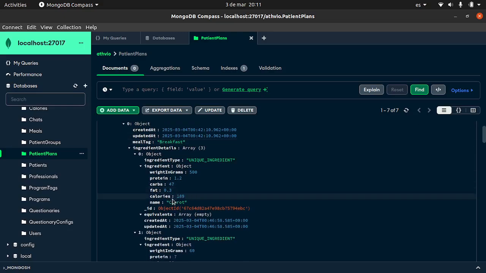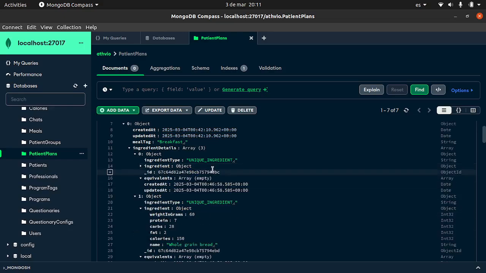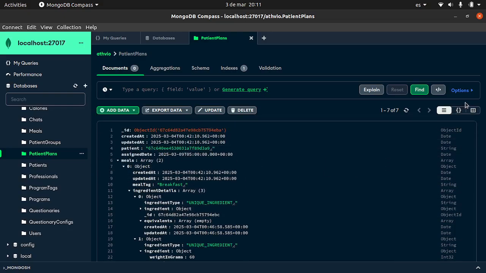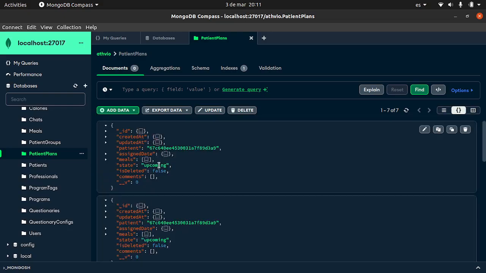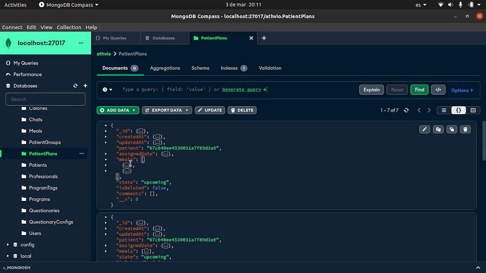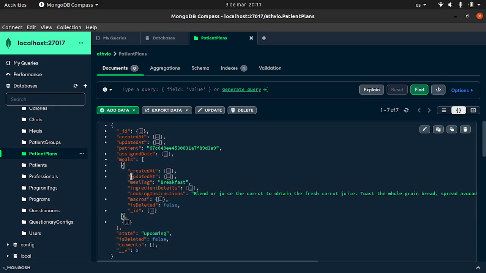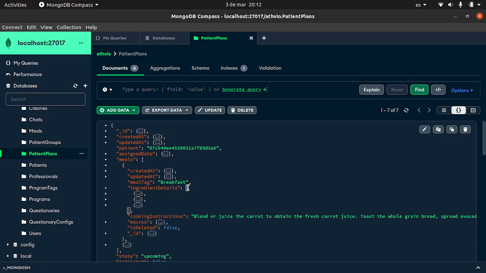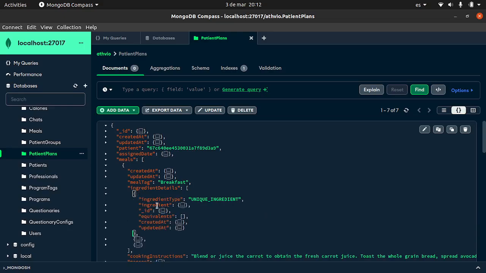Breakfast, carrot. That is a problem. I need to change it to a different format. I need to access my meals. In my first meal are my ingredients.